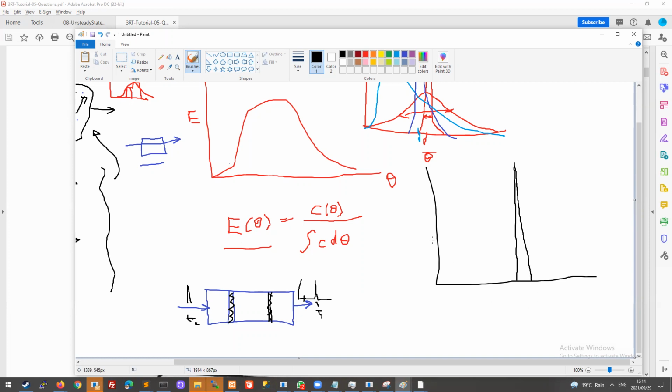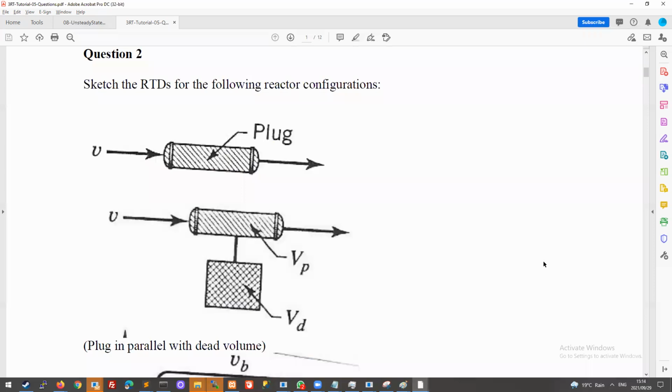And you'll see in the lectures that it's a Dirac delta function and so on. But for now, I'm just drawing it as a spike. So let's call this tau p. Now, this is E, and this x-axis is theta, right? So that's all there.